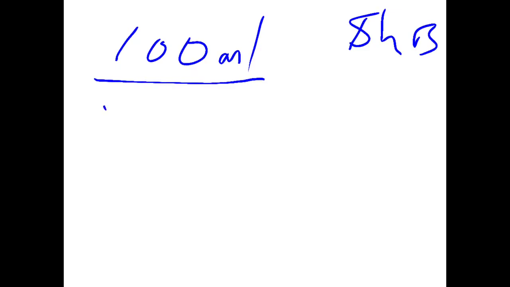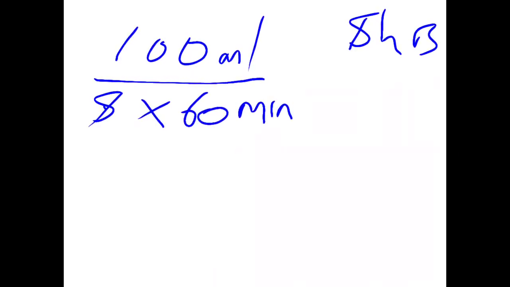So here you say 8 hours, but remember in the formula it is time in minutes, meaning you need to multiply by 60 minutes to convert the hours to minutes. And then the drop factor: whether we are giving Ringer's lactate, normal saline, or whatever, it becomes 20 drops per minute. If it's blood, likely it will be 15 drops per minute.